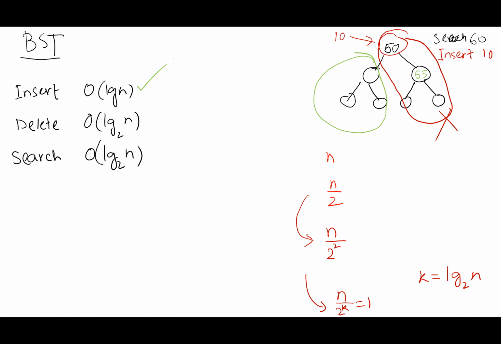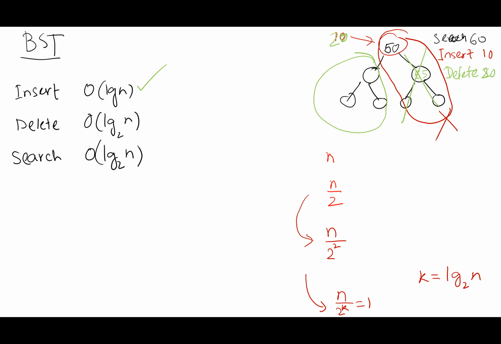Similar thing for delete. Say you want to delete 20, then you search for 20 here. You see 20 is less than 50. Now you know that there is no chance 20 is in the right, you have to check on the left.